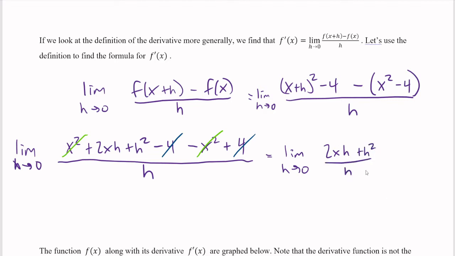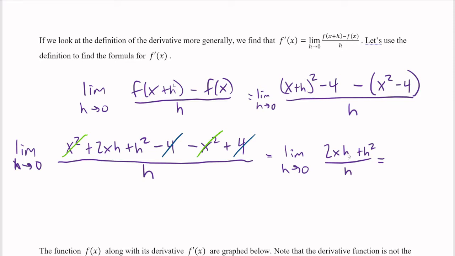Now, remember, the whole point of this algebraic manipulation is you've got to get rid of the problem. The problem was, plug 0 in, you get 0 over 0. So you somehow have to get rid of the problem. And the problem is there's basically a copy of h on top and bottom that need to cancel. So with that in mind, hopefully you're thinking like, okay, there's no h times here.